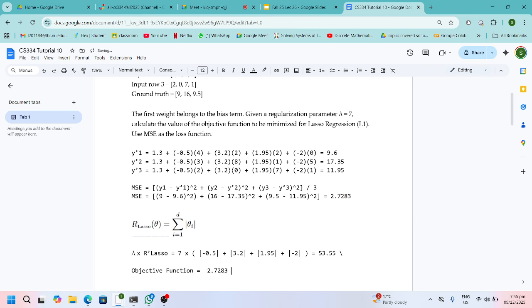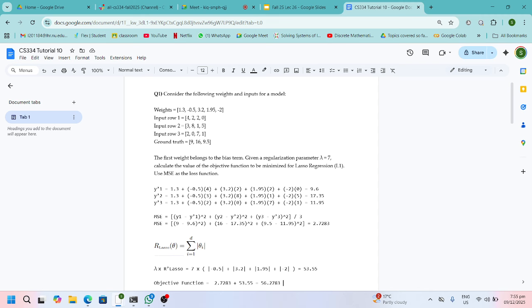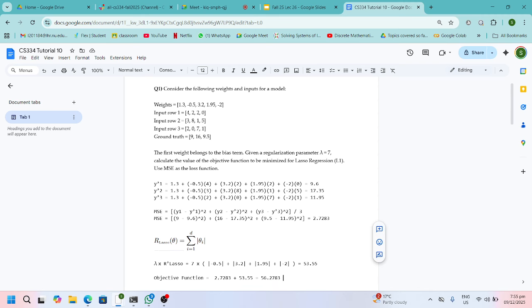So I will take this value and then I will add lambda times my well regularization term to this, and that I have already calculated to be 53.55. So my answer comes out to be 56.2783. I'm gonna slightly zoom out and give you guys a few seconds to go over this. So if you have any questions, please do go ahead. If not, then we'll move on.